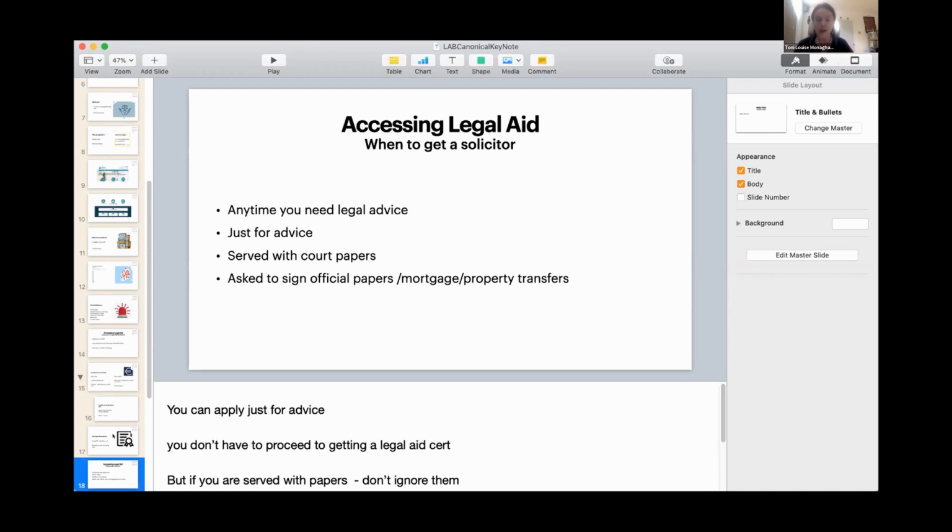If a client is unhappy with their solicitor, whether it's on a private practitioner panel or in-house in the Legal Aid Board, for whatever reason, inexperience, or you just don't get on, the client is entitled to look for a change of solicitor, and there is a procedure to do that. Even with the private practitioner scheme, you can contact the office in your area, and they will help you and tell you how to go about that.